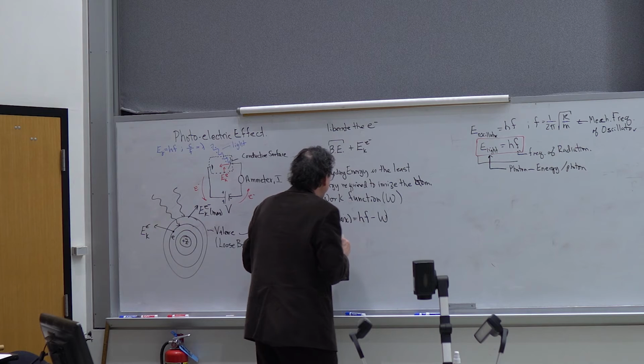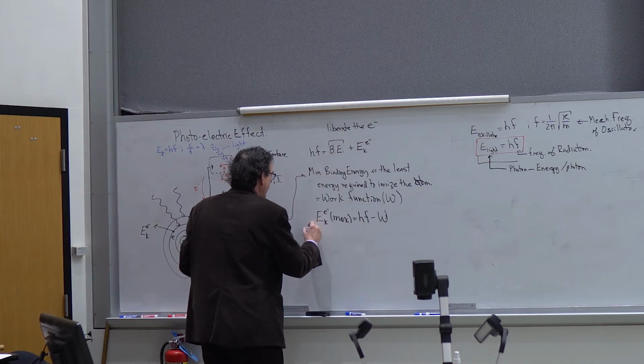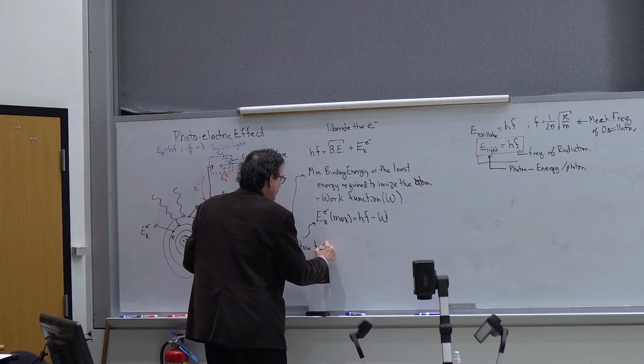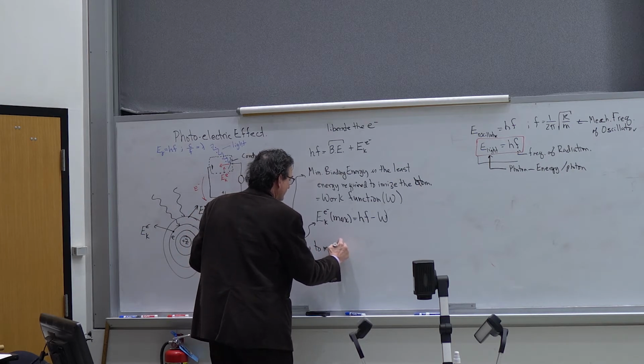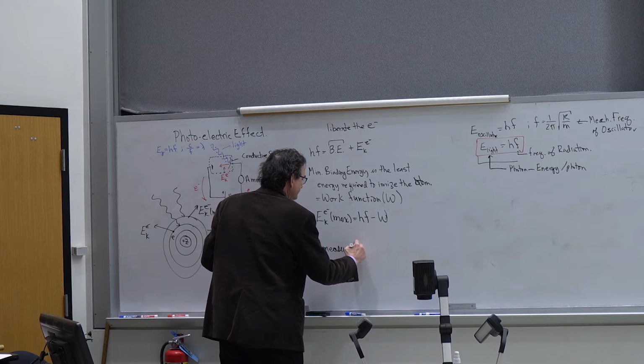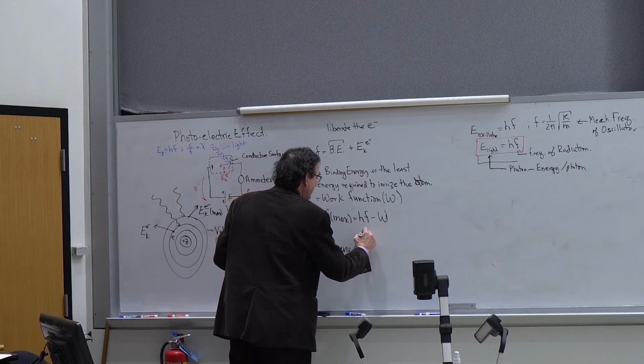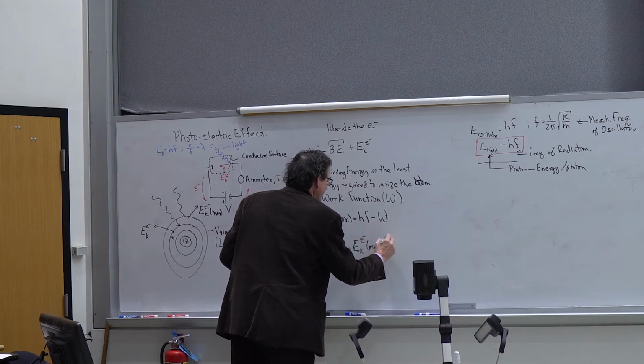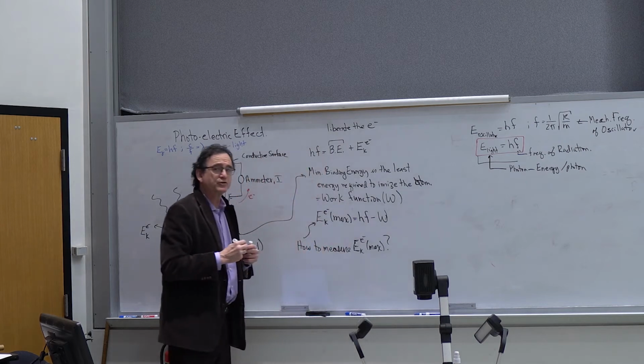Now, the question is, how do I measure this quantity, E max? So how to measure EK electron max? I could have written this differently, but I chose this way of doing it. Okay, how do we measure that?